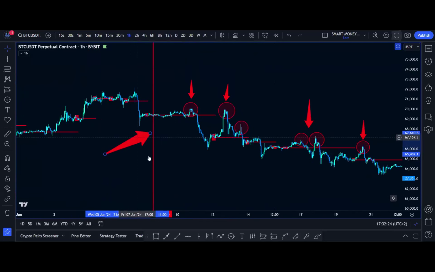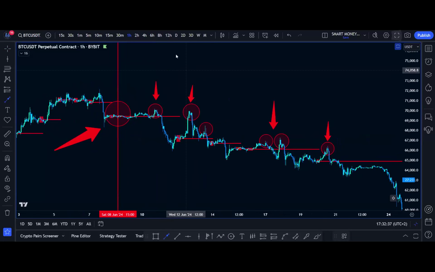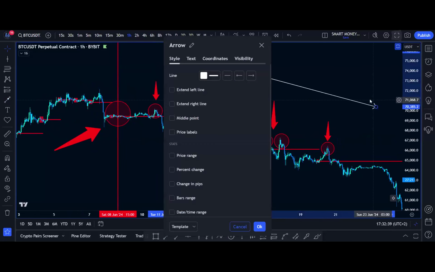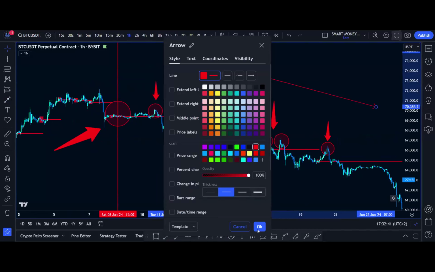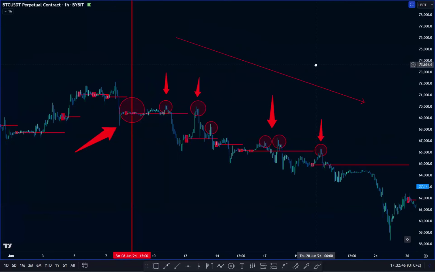So remember, at this point here, this was the critical point where we understood the possibility of a round trip shifting and changing on a higher time frame. With that in mind, then we can move our bias to more of a bearish bias. We can understand now a round trip can let us know that a new trend is starting, and with a new trend starting, we can adopt a new bias.